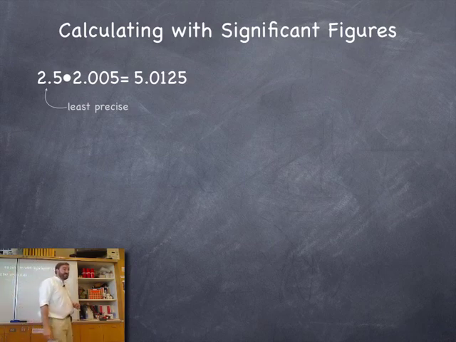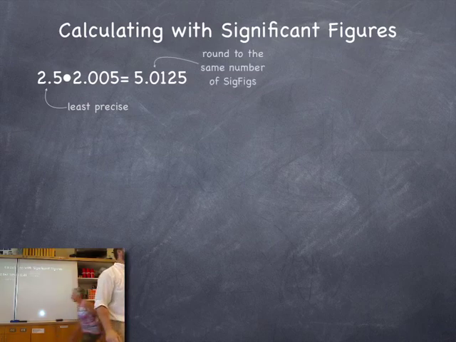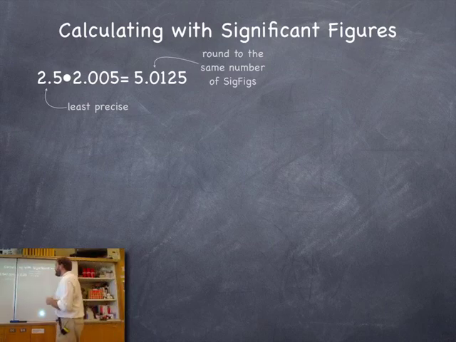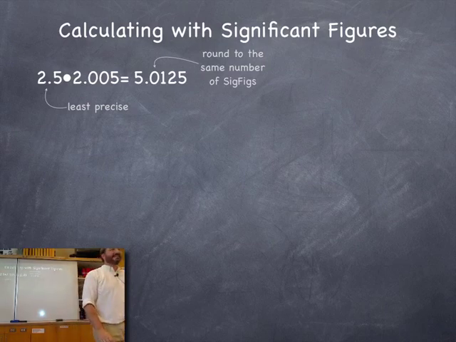So in my answer, I can only really know 2 digits of that value. Multiplication and division, it's the number of significant digits that are important. I round off so that my answer has the same number of digits as my least significant number. The real answer in chemistry is 5.0.